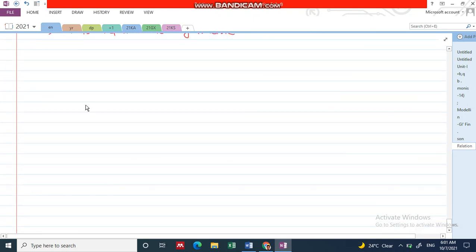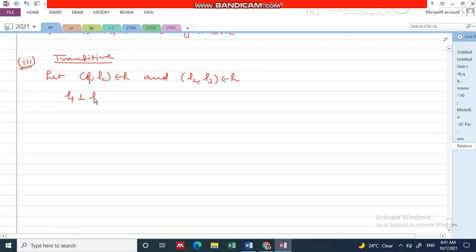Now, thirdly, we check whether it is transitive or not. Let (L1, L2) belong to R and (L2, L3) belong to R. As (L1, L2) belongs to R, it means that L1 is perpendicular to L2. And (L2, L3) belongs to R, so L2 is perpendicular to L3.